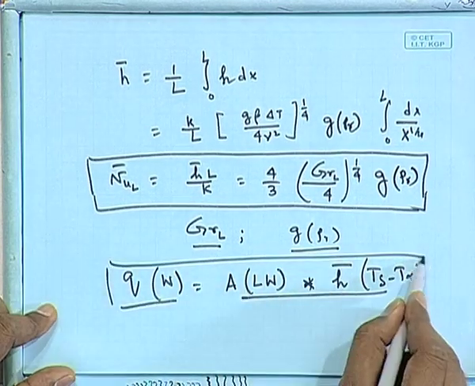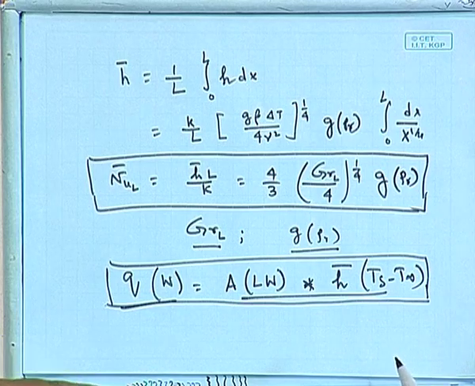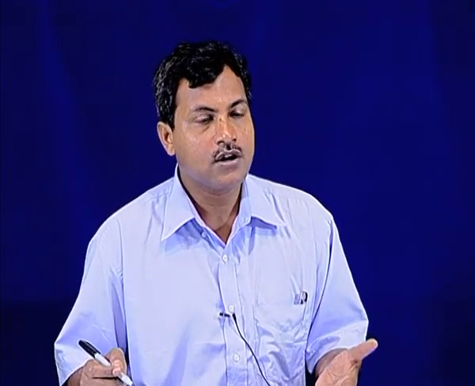Okay. Now, again you will be having various situations like whether the plate is horizontal, whether it is a case of constant wall temperature, constant wall flux, whether, instead of a plate, you are having a cylinder or a sphere. Okay.